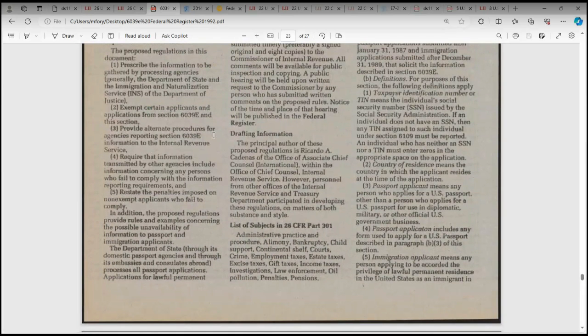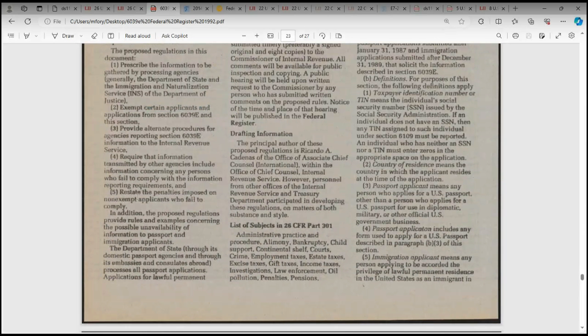Number 3, provide alternate procedures for agencies reporting Section 6039E information to the Internal Revenue Service. Number 4, require that information transmitted by other agencies include information concerning any persons who fail to comply with the information required.